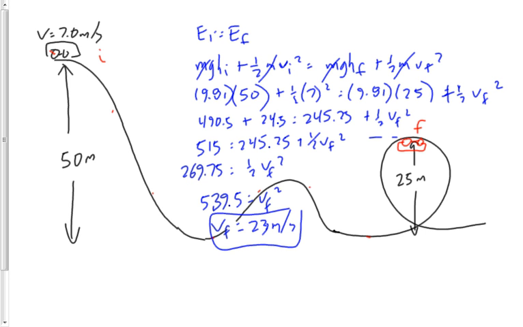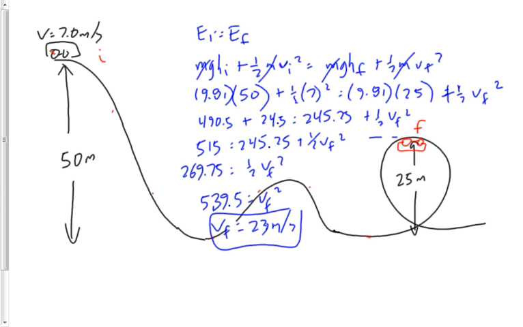Guys, that make sense? What I want you to notice here is this. I could have rephrased this question. I could have not put in the diagram. I could have said, throw a rock from a height of 50 meters at a speed of 7 meters per second straight down. How fast is it moving when it's halfway down? Exact same question. It doesn't matter how the roller coaster got to this point.